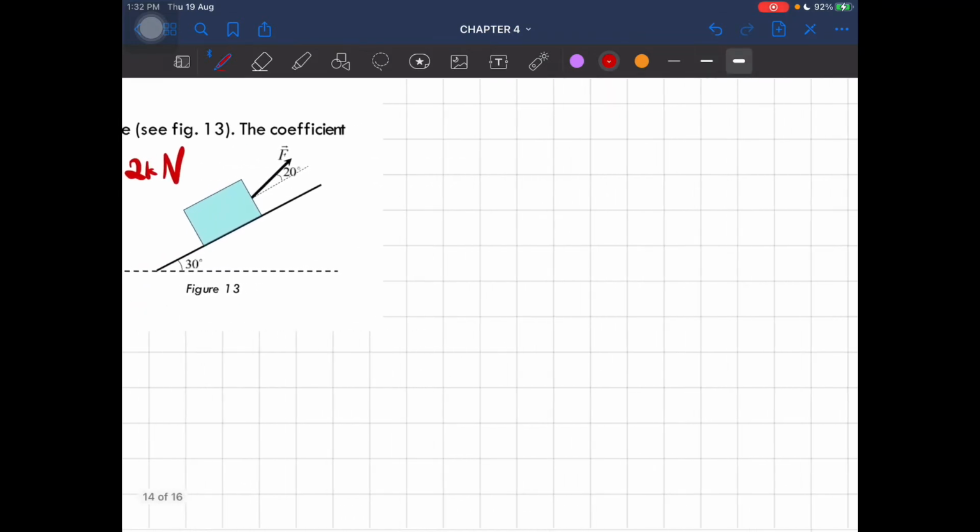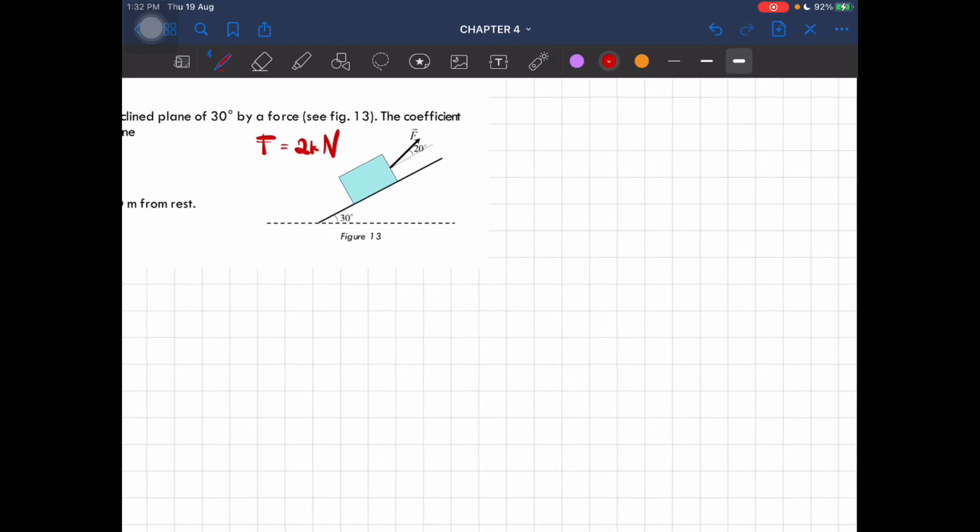Now we have to draw the free body diagram. Before that we have to consider the inclined plane, so we have something like this as the inclined plane. Now we can start to draw the forces.